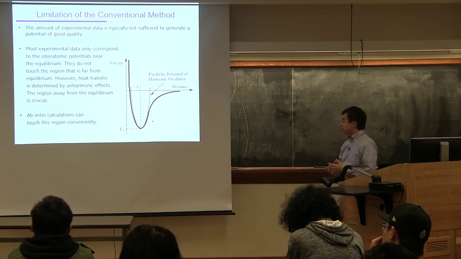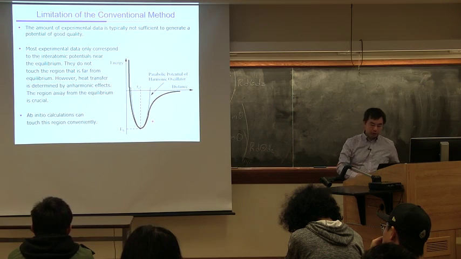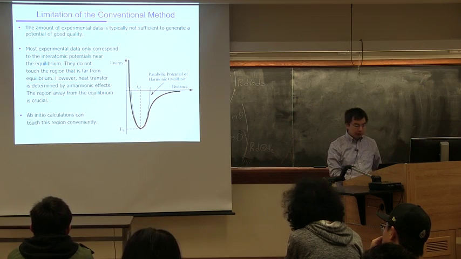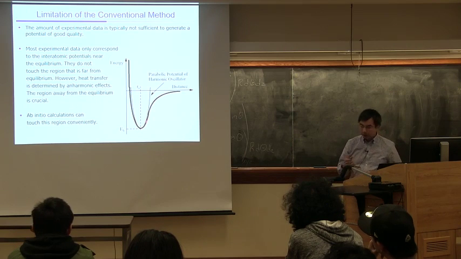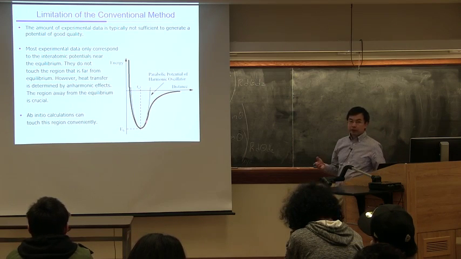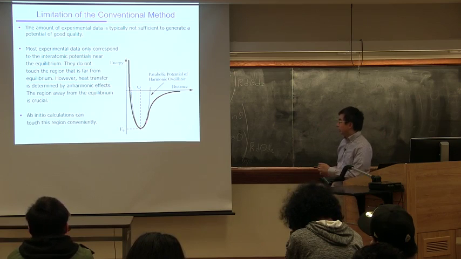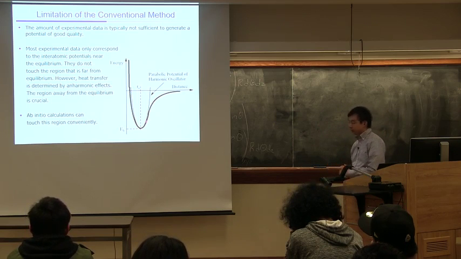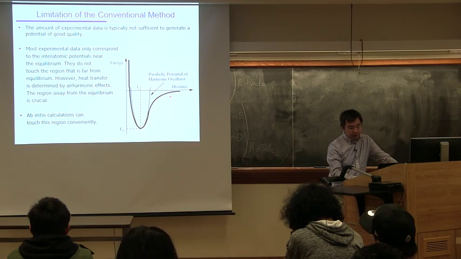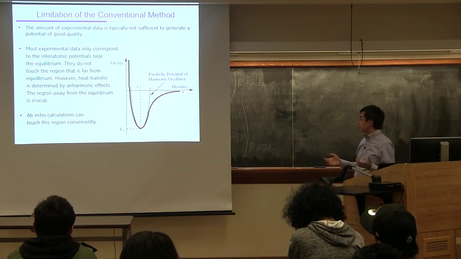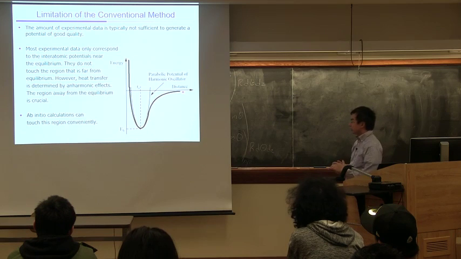But if you care about heat transfer, you need to consider the behavior a little bit away from equilibrium. Those are anharmonic effects, right? Those anharmonic effects determine the phonon-phonon scattering rates, the relaxation time, and the thermal conductivity, right? Now, for chemical reactions, it's really even farther away from the potential well, so you need to go a long distance and break the bonds, right? So that's far away from the equilibrium.